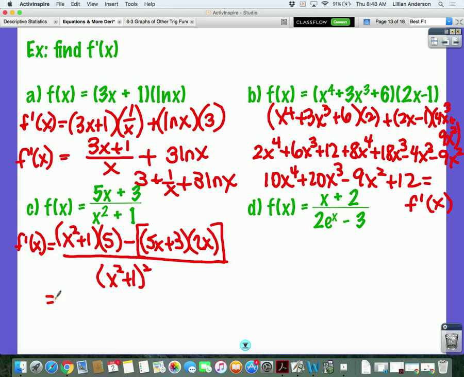So now let's simplify this sum. When I distribute, I get 5x squared plus 5. When I multiply the next ones, I get a 10x squared plus 6x. But I'm going to distribute the negative, so it's going to be a negative 10x squared minus 6x. Everyone okay? That I did that in one step?